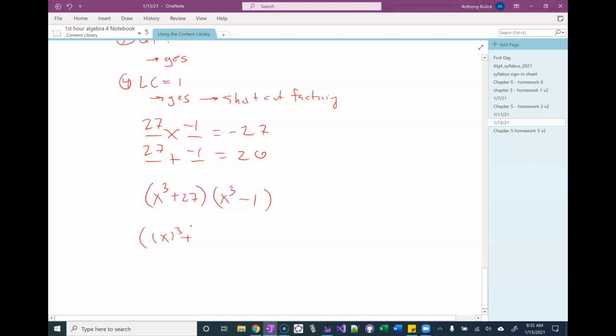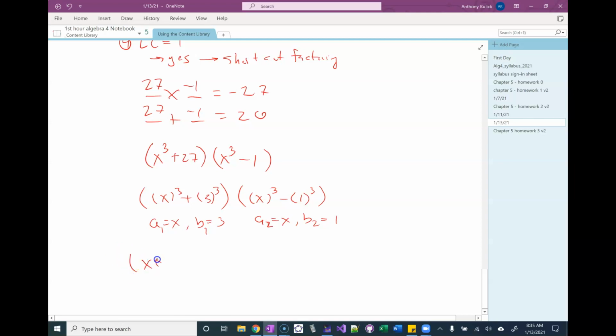27 is 3 times 3 times 3. So 27 I can write as 3 cubed. And similarly, 1 is 1 times 1 times 1. So I can write 1 as 1 cubed. So I do have a sum of 2 cubes in the first factor and a difference of 2 cubes in the second factor.